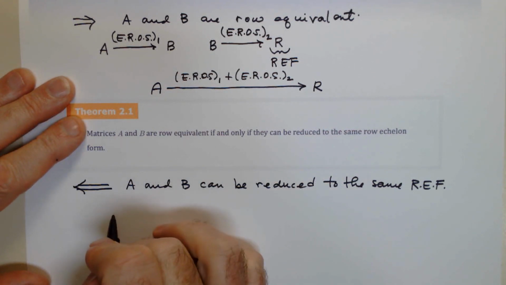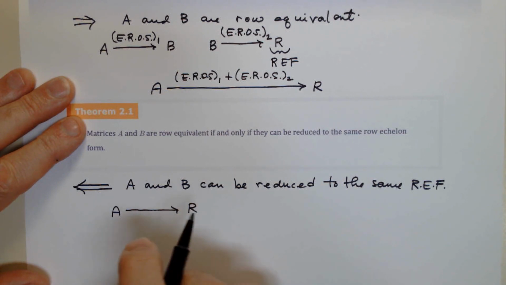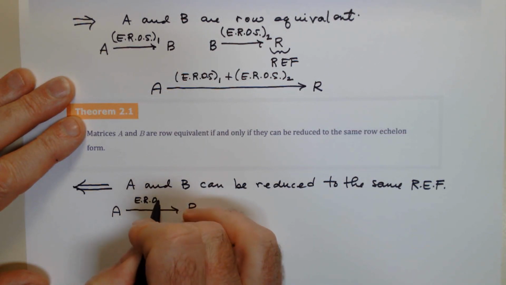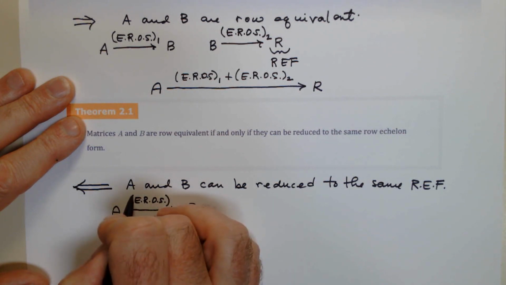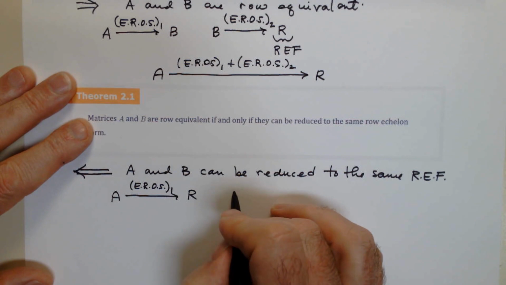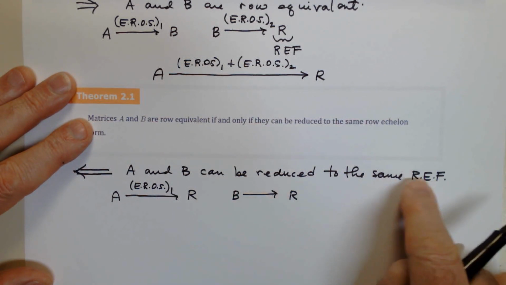So let's say we can take A to R, and we'll say that this is some recipe of elementary row operations, subscript 1. And I can take B to the same, right? This is what this is saying.